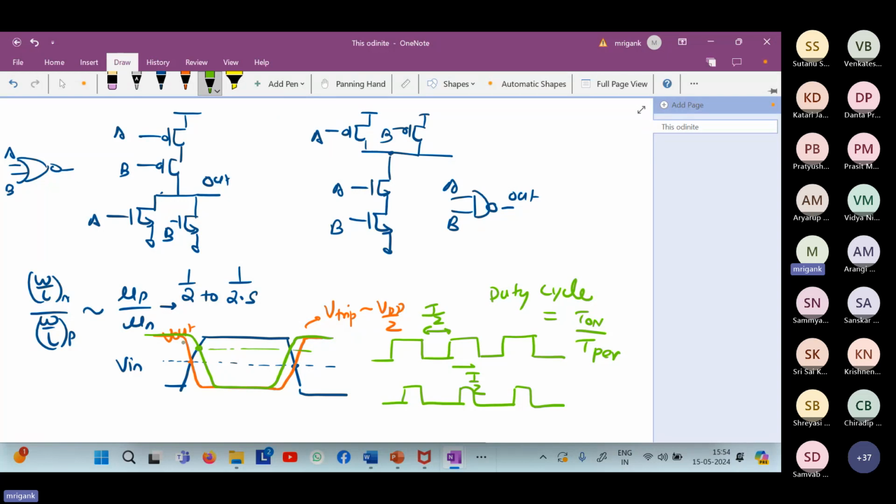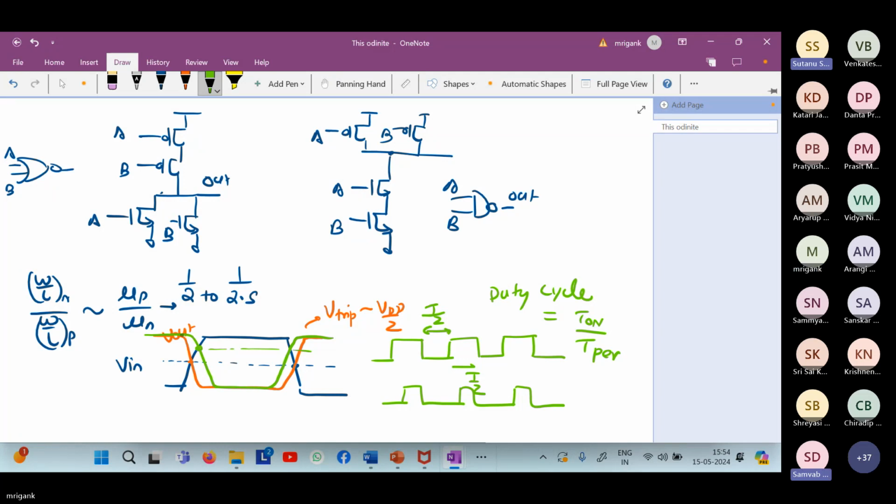The way I have drawn, I have not assumed that effect, but actually what is happening, if your NMOS is becoming weaker and PMOS is becoming stronger, which of these two edges will become more sluggish, the rising edge or the falling edge? Quickly, after discussing this, it should be fast. I think you people are not getting it.